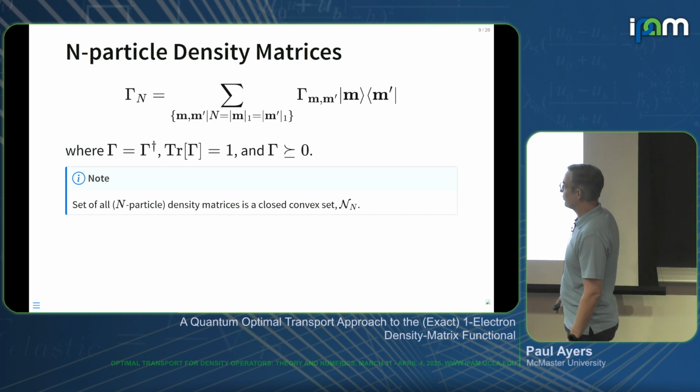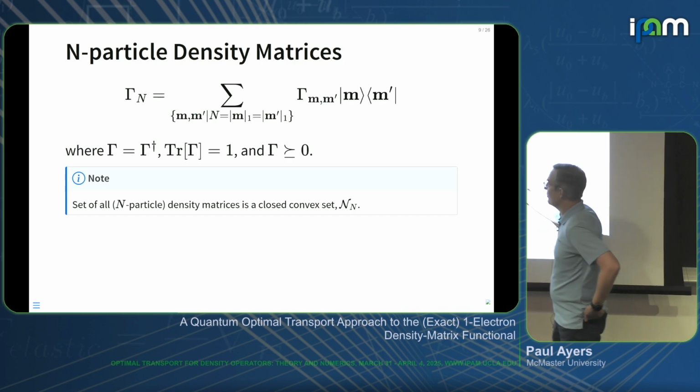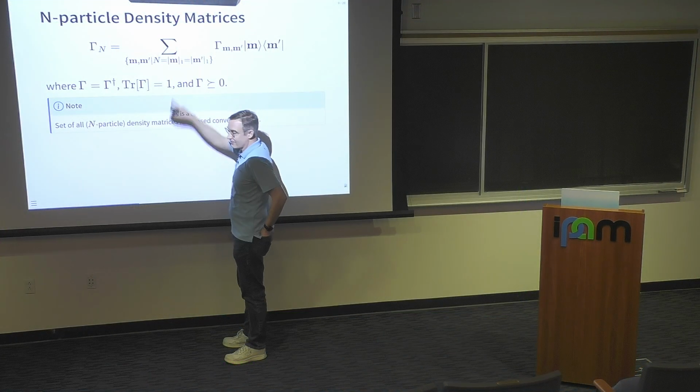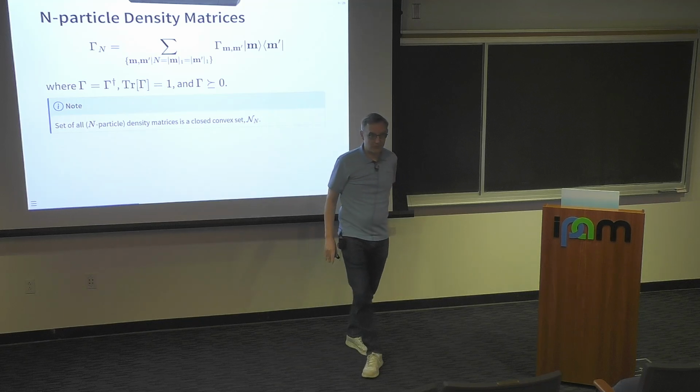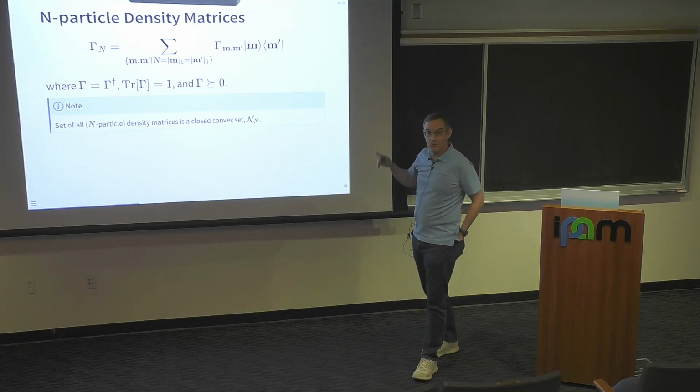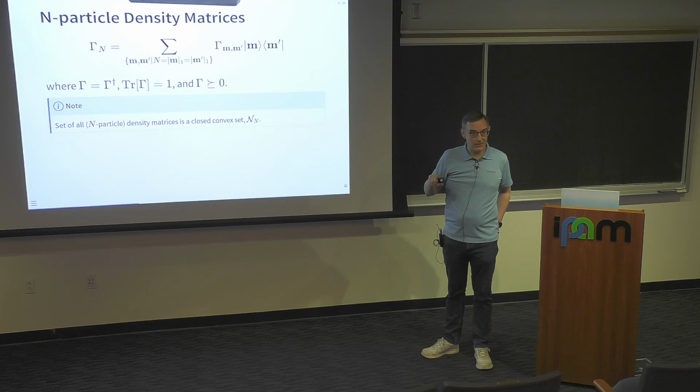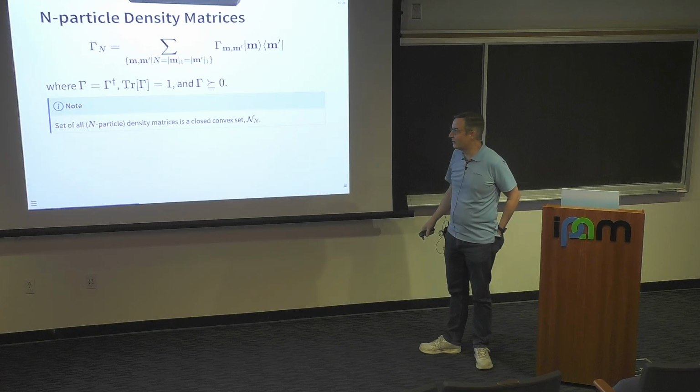And then if I restrict this to cases where the basis sets all have the number of particles I care about, then that would be n-particle density matrices, right? So then I'd be restricting myself to a certain particle number as opposed to just a generic density matrix in a Fock space, right?